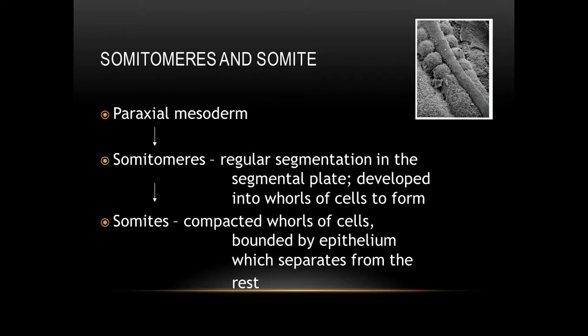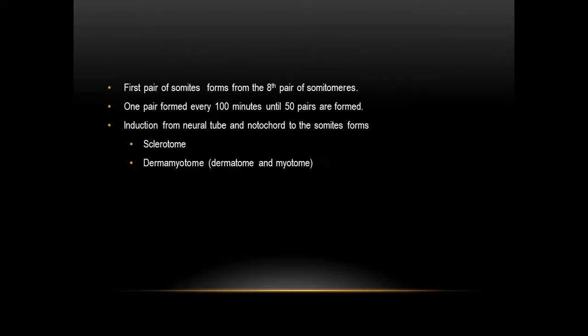In terms of the developmental sequence, the first pair of somites is derived from the eighth pair of somatomeres. If you take a look at page 248 of the textbook, you will be able to appreciate an avian embryo in top view.